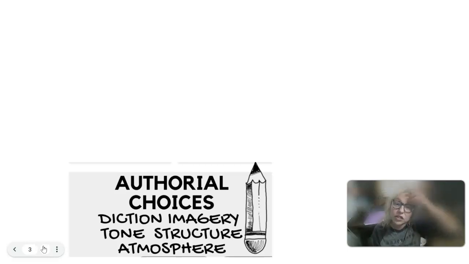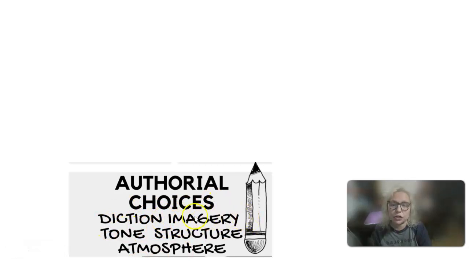So we really want to start with the building blocks of literature, the authorial choices. Now, of course, you picked an authorial choice as you wrote your essay that works as a pattern throughout the book. As you look at each instance or example of that authorial choice, you do need to deal with things like the word that was chosen. That's diction. Diction just means word choice.